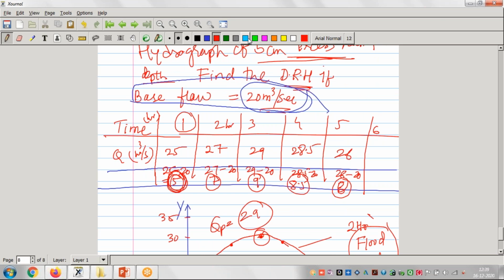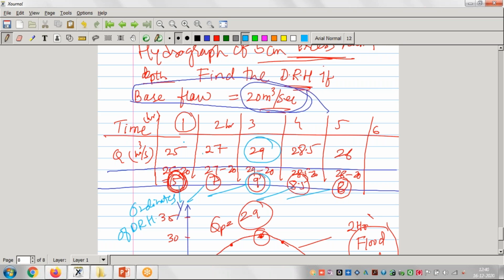This value is the highest one in this row, right? And in the direct runoff hydrograph, these are nothing but the ordinates of the direct runoff hydrograph.